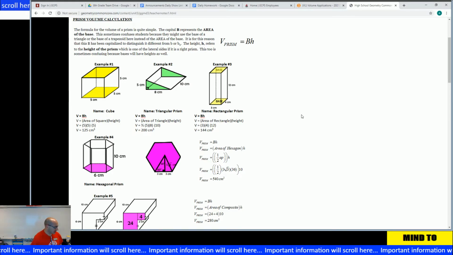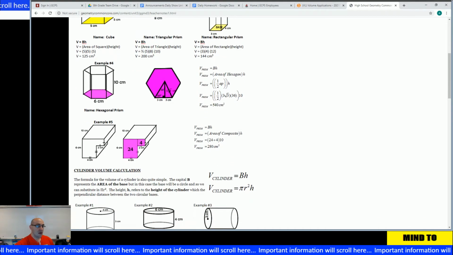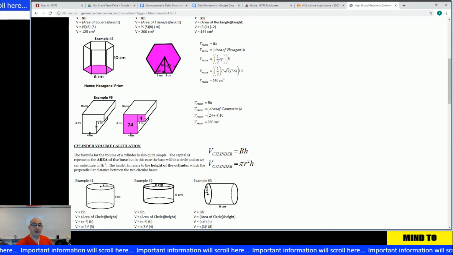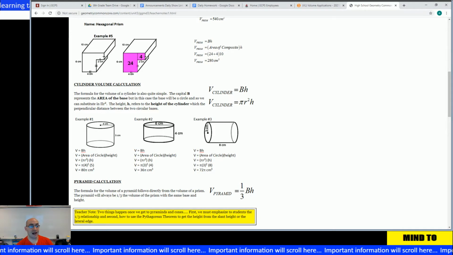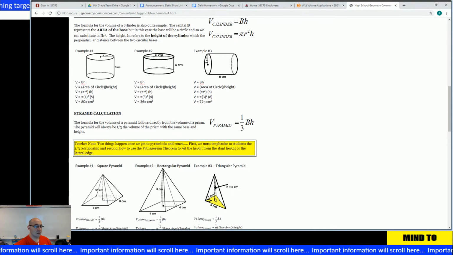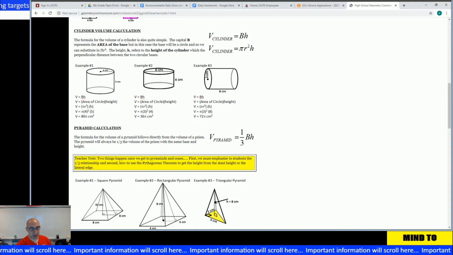Now, you can see as we scroll down, we're going to have hexagonal prisms, okay? We're going to have pyramid calculations to do. And in a hexagonal prism, you're going to see that we've got the apothem, which is a whole other situation that we'll talk about. We're going to have composite figures, okay? Now, when we talk about cylinders, it's the same idea, okay?